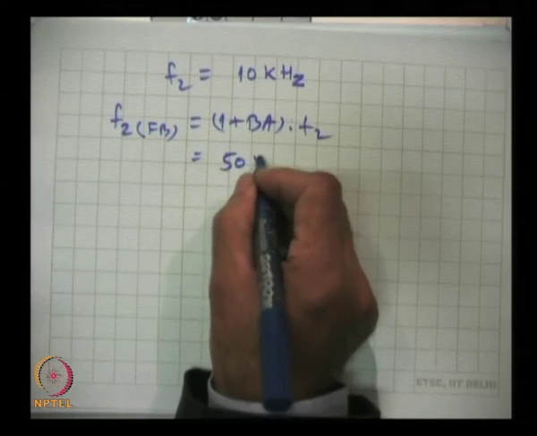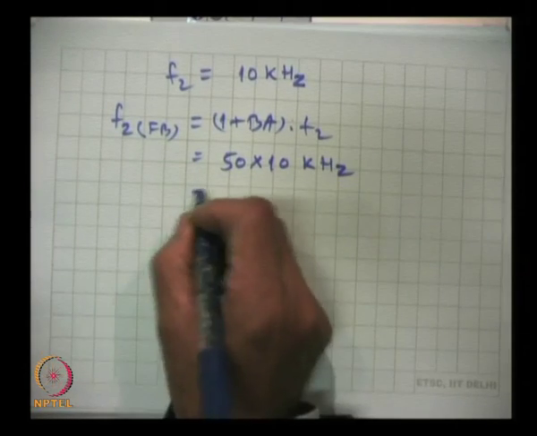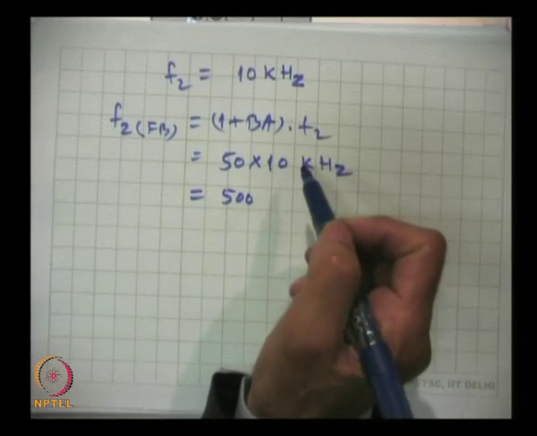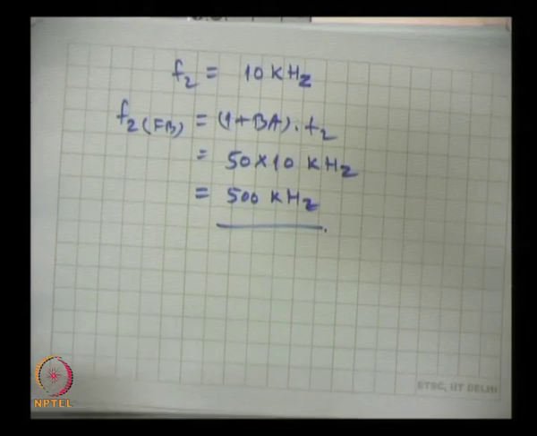So, 50 into 10 kilohertz, so 500 kilohertz. Instead of 10 kilohertz, it will become 500 kilohertz. Bandwidth increases by the same amount by which the gain falls.